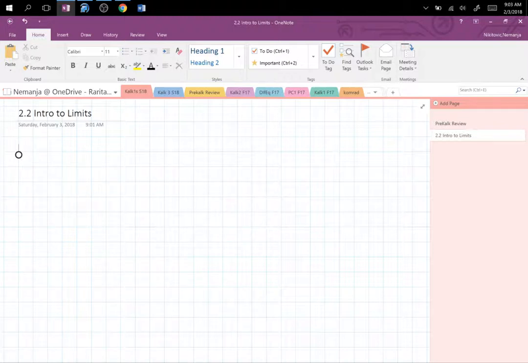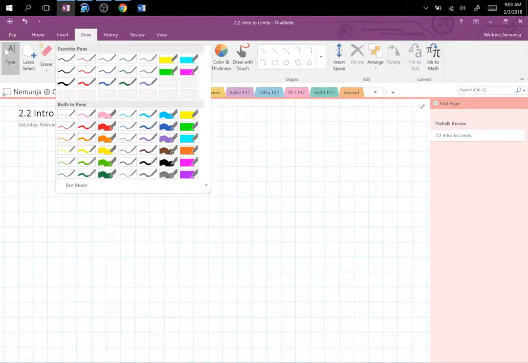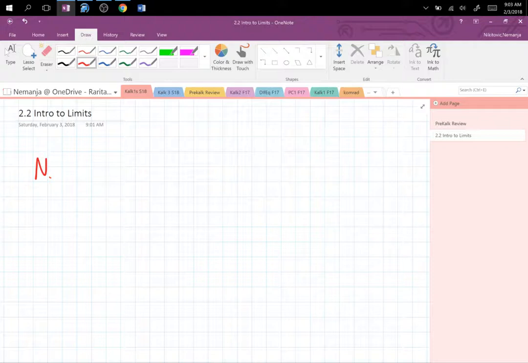So let's first just write a quick notation for the limit. The notation for the limit is going to be like this.